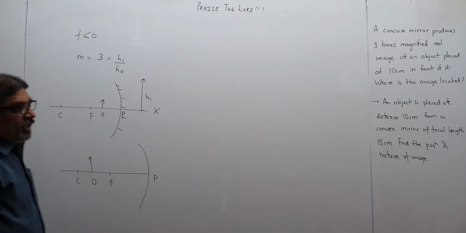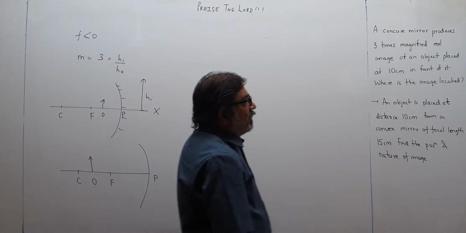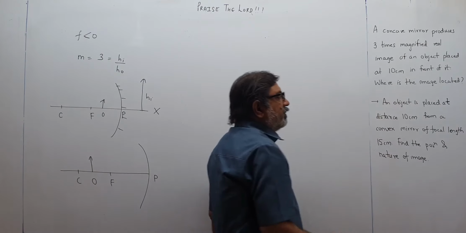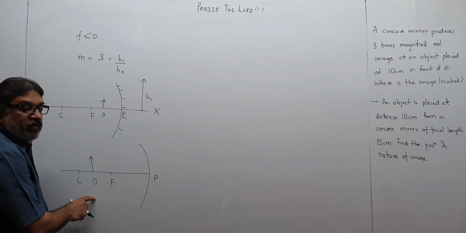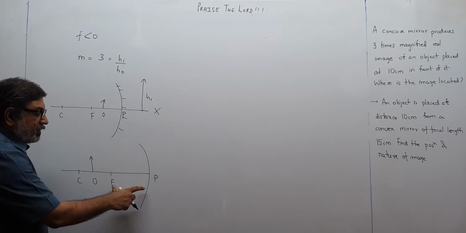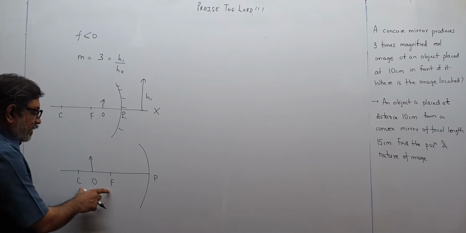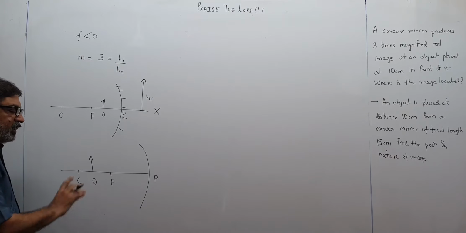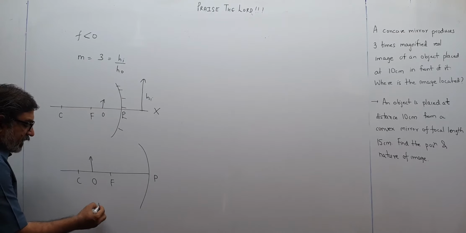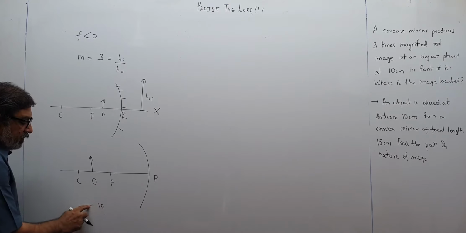supposedly, and I think it is told to me, the image is placed at 10 centimeter in front of it. So it has to be beyond the focus, that is very clear to us. It cannot be here. So now it can be between F and C, it can be on C, it can be beyond C, anywhere. But just imagine it is over here. So this is minus 10, the object position.